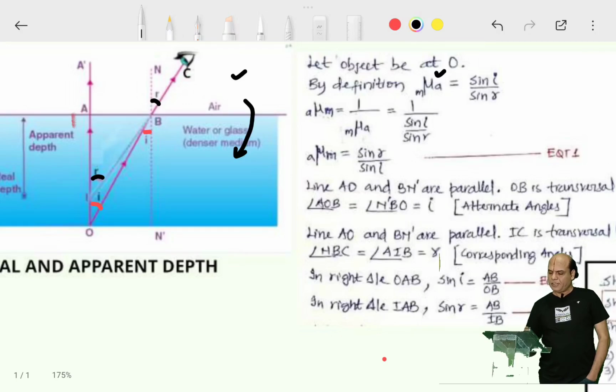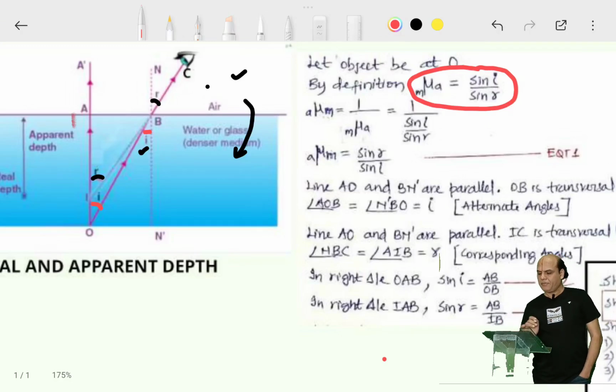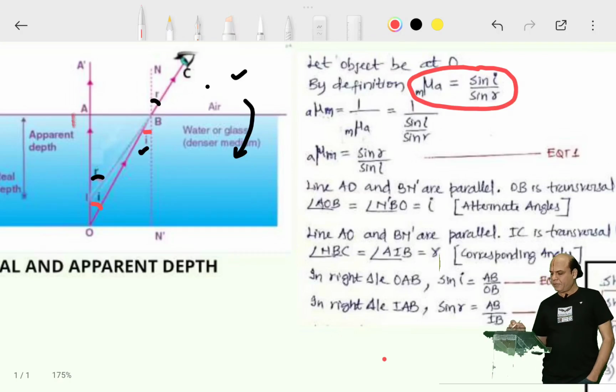So the angle of incidence is I, this angle. So the refractive index of the second medium with respect to the first would be sine of angle of incidence by sine of angle of refraction, that is R. Clear? So do we agree with this? So the refractive index of air with respect to the denser medium is sine of angle of incidence I by sine of angle of refraction R, by definition of refractive index.